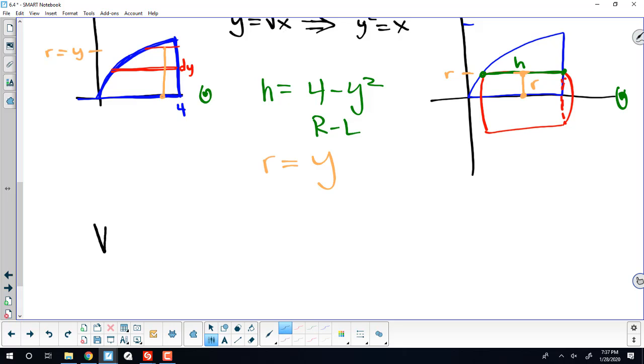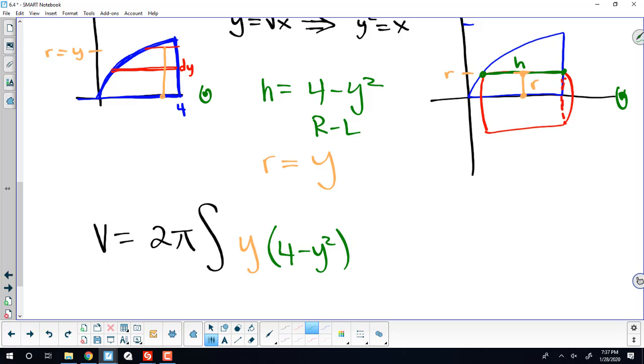Okay, so then we're going to say our volume is 2 pi times r times h dy. And y ranges from where to where? 0 to 2. 0 to something, right? Remember, this is an x value of 4, plugging that into the square root function.